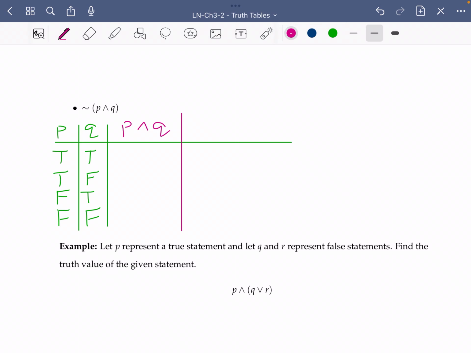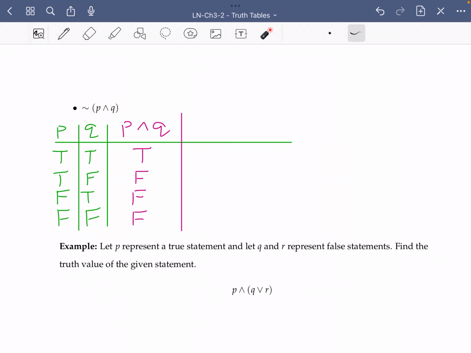If we look to the left, we see they are only both true right here, so this column is going to have a truth value of T here, and for the other three, they will all be false. So that gives us the truth value of the stuff inside the parentheses.